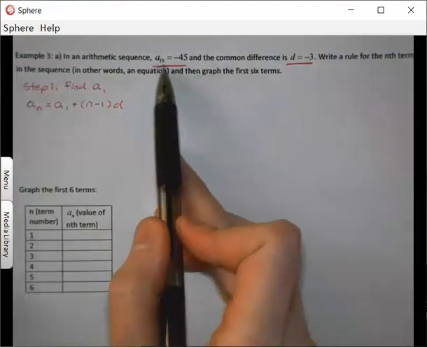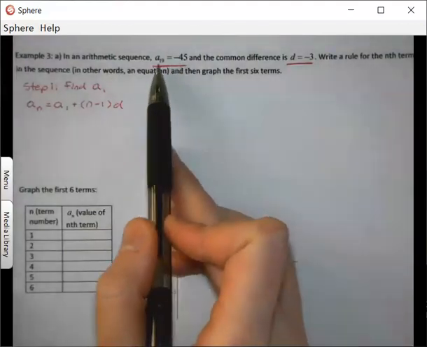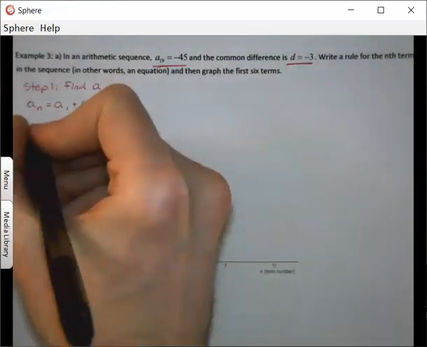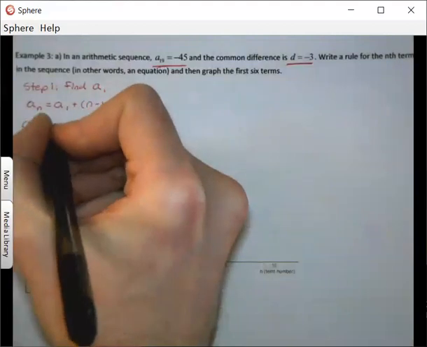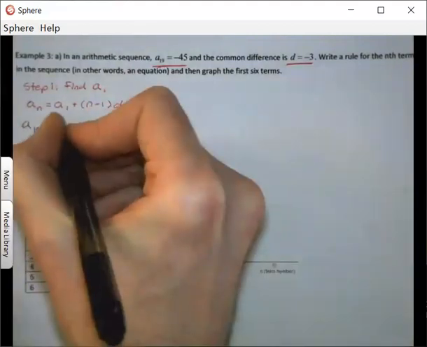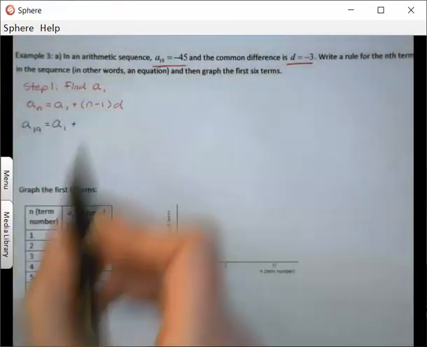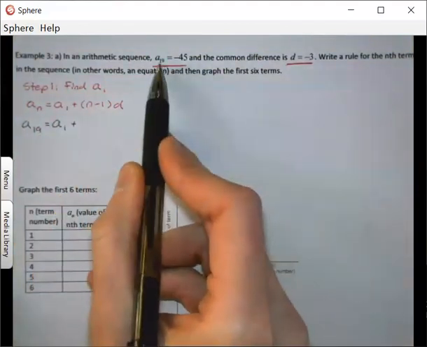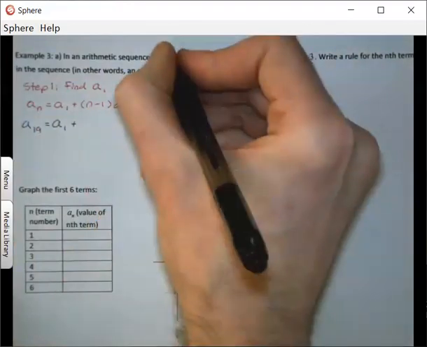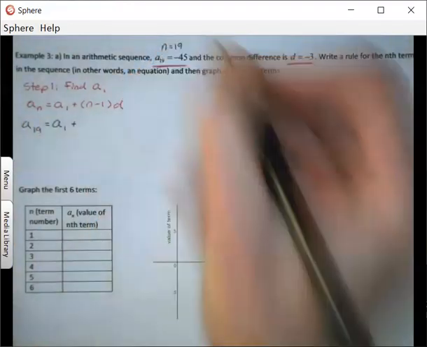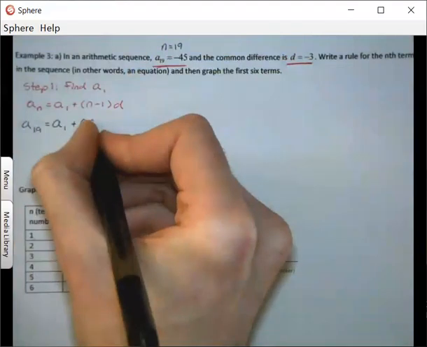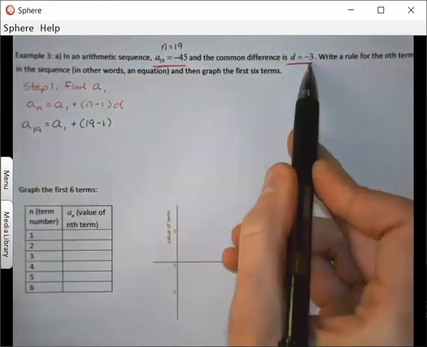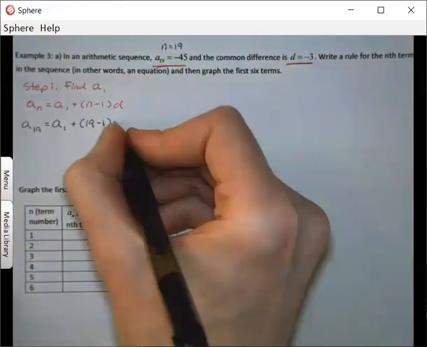Now, we know something about the 19th term, so let's plug that in. Let's say a sub 19 is going to be equal to the first term plus, now a sub 19 tells us a couple things. It tells us that n is equal to 19. We also know our common difference is minus 3.